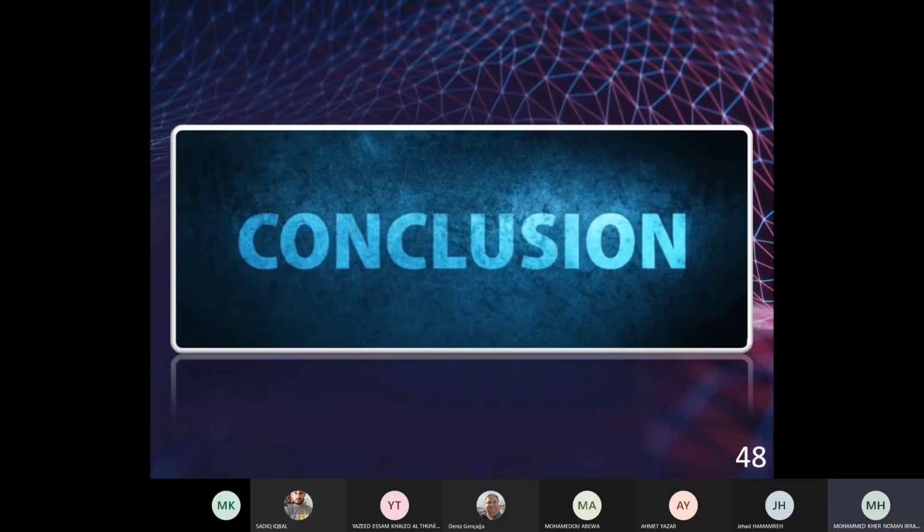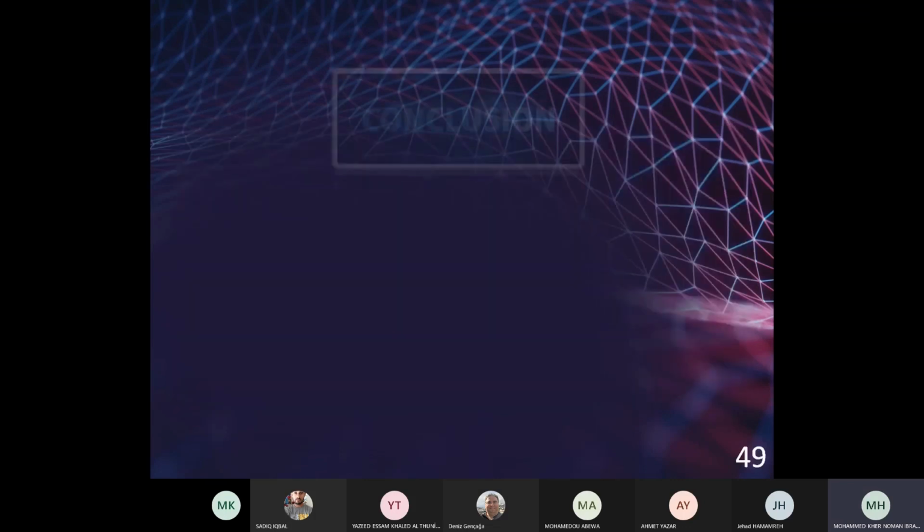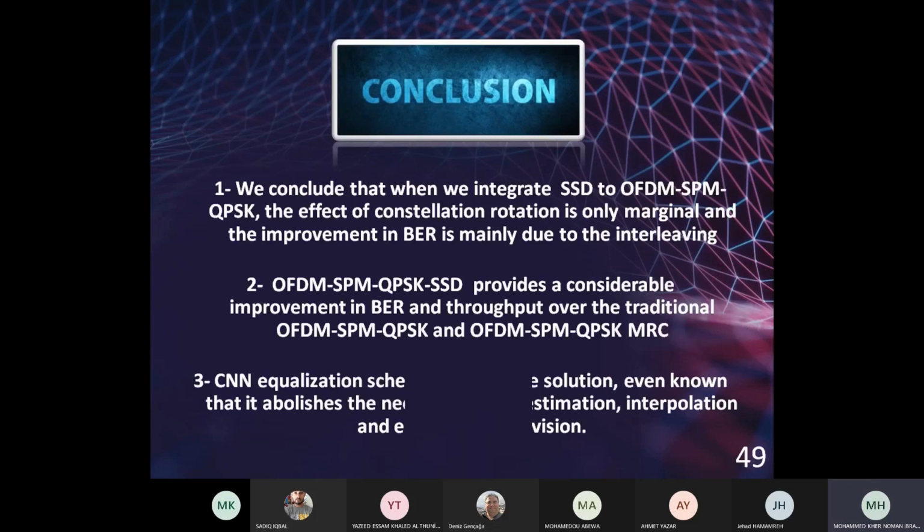Finally, I want to speak about the conclusion, what I conclude. We conclude that when we integrate signal space diversity into OFDM-SPM-QPSK, the effect of constellation rotation is only marginal, and the improvement in bit error rate is mainly due to the interleaving.